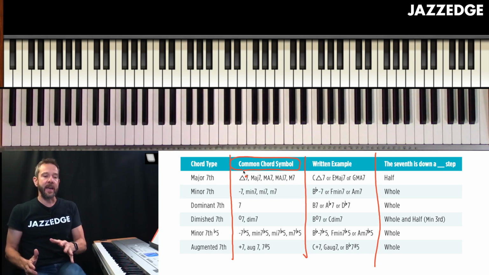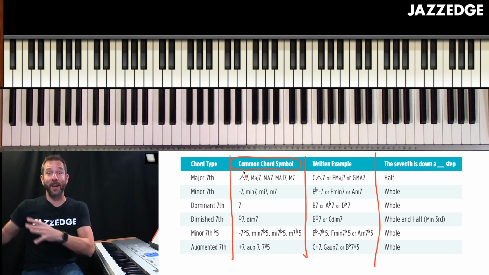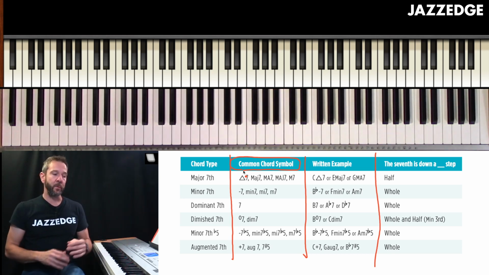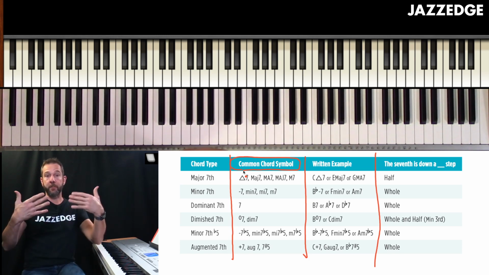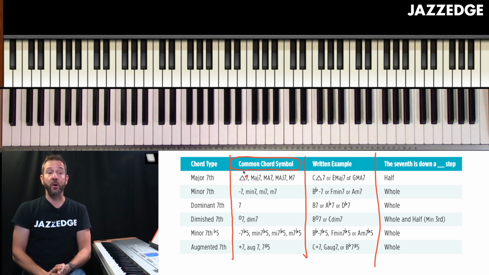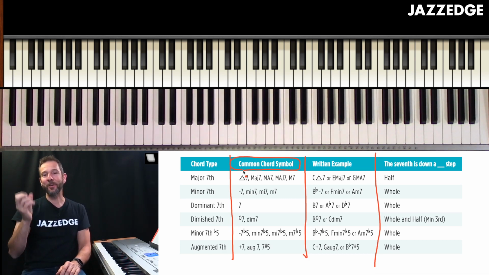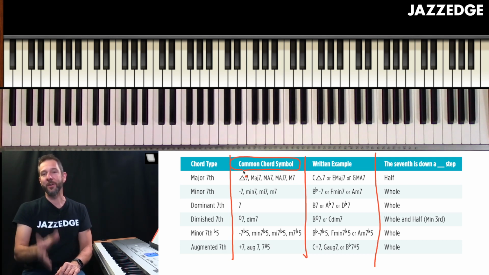That means that one set of players will write a major 7th chord one way. Another set of players will write it completely differently. There's also another side to this, is that sometimes when we have a major 7th chord, there's also many different ways of writing out the tensions in that chord, and then how you want that chord to be played, the inversion, all of that, right?